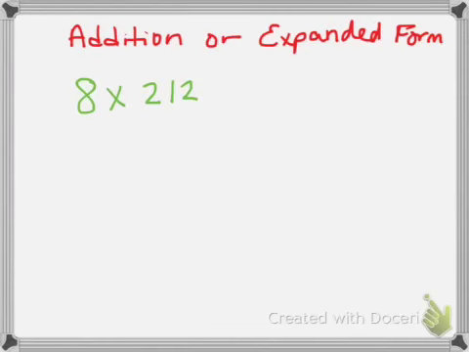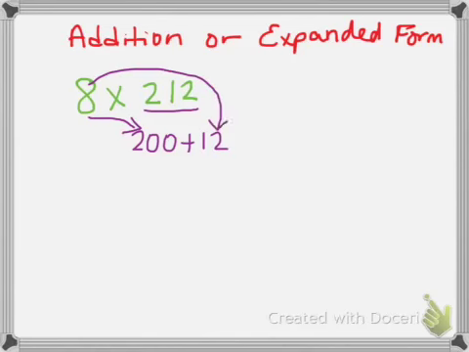The second one is using addition, or what is commonly called the expanded form. There is a slight change that sometimes our book makes on this, so I'm going to show you both ways. The addition part of it says to break the larger number up into 2 chunks. So I would have 200 plus 12. That way, using our distributive part, I'm going to multiply each of these by 8.